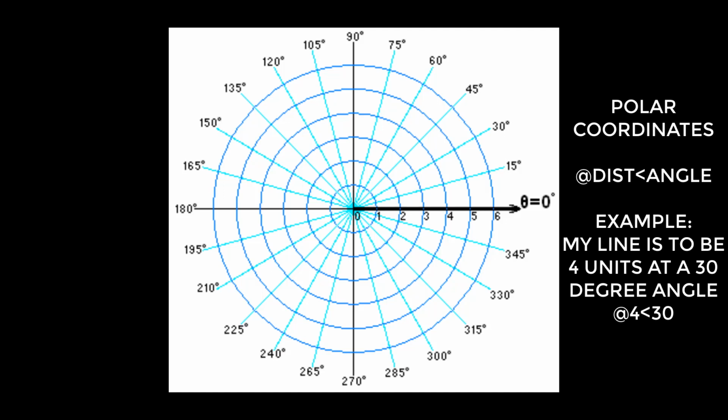So I would say at the distance of the line or the length of the line, less than the angle, between 180 and 270. When we get to drawing, hopefully this will make more sense. But polar coordinates are another way for us to tell AutoCAD how to draw.